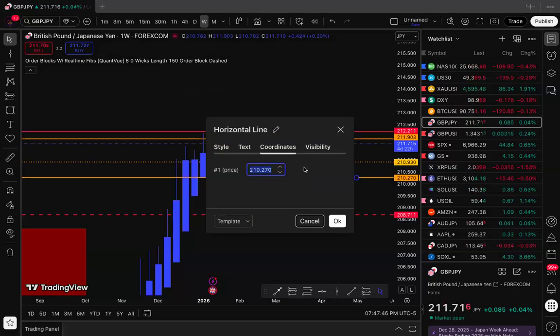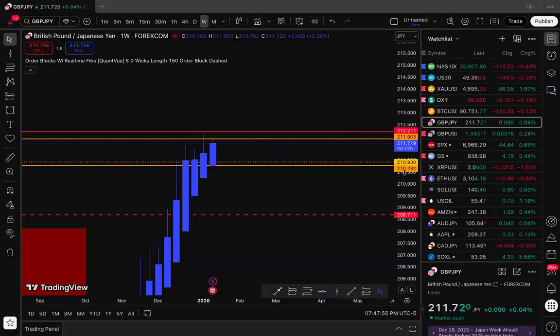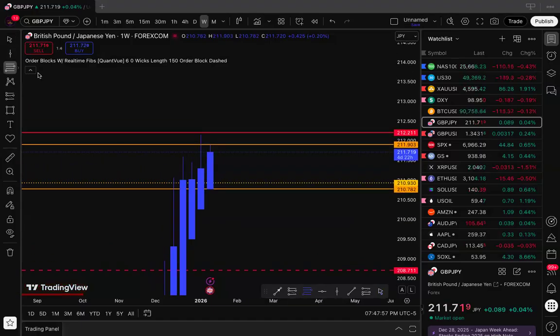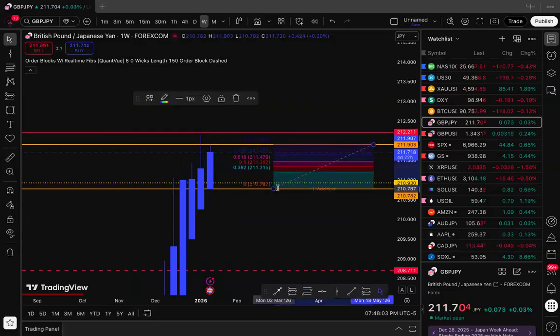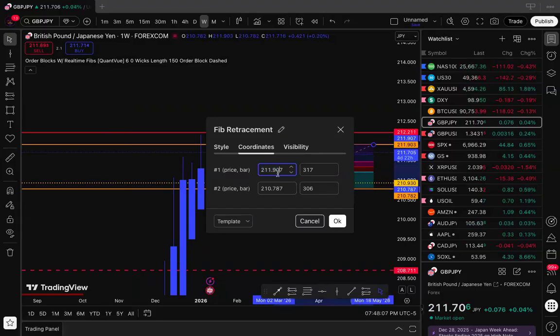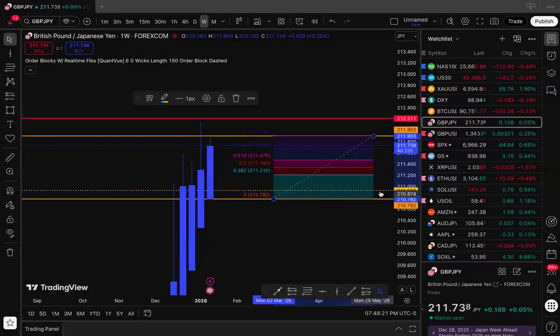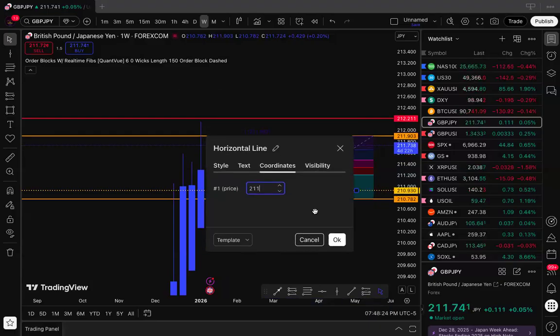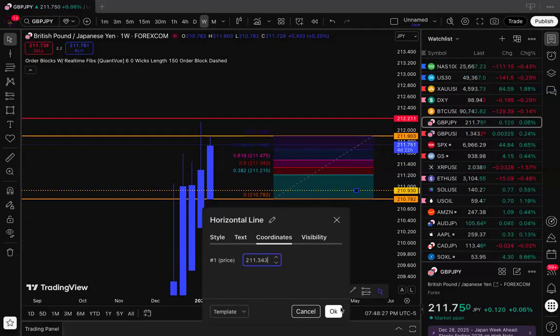The monthly low 210.782. 211.903. The low 210.782. Given a mid-month level of support of 211.343.